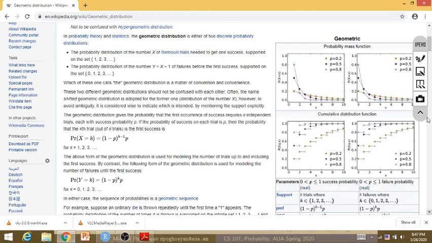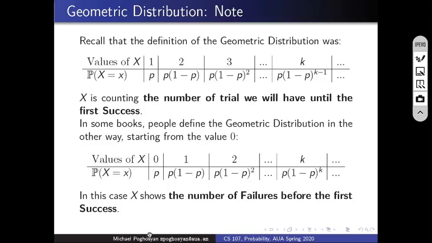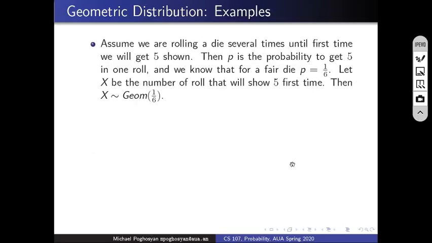And here you will see the support and PMF for different cases, when k is running from 1 to infinity and k running 0, 1, 2, up to infinity. Okay, let's move back to our lecture slides and give some examples.